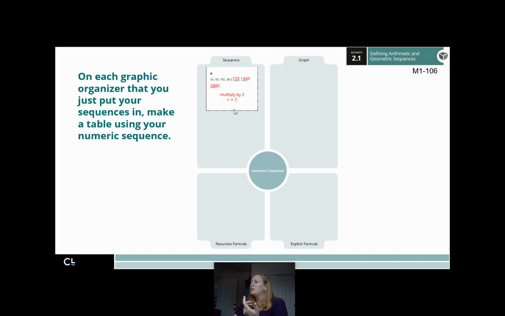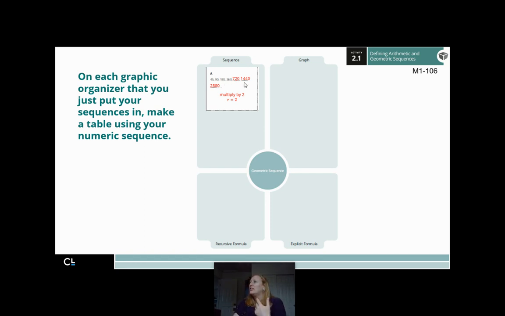And notice I left some space here because here's what I'm going to do. You may have a little more space, a little less space, depending. Down below, I'm going to make a table with my sequence. I'll show you with A. Remember how you did this in the very first lesson of this unit last week?